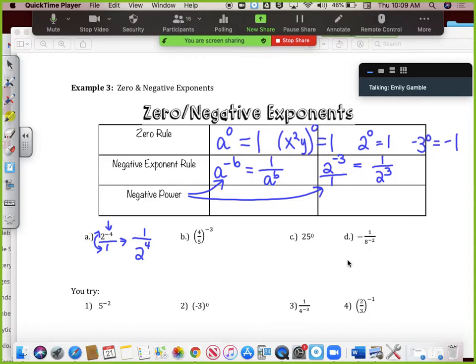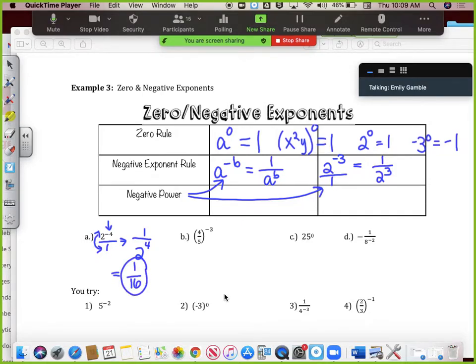You take the negative 4, flip it, and turn it into positive 4. And then from here, we'll evaluate this by getting the final answer of 2 times 2 times 2 times 2, and 2 times 2 times 2 is 8 times 2 is 16, so this would equal altogether 1/16.